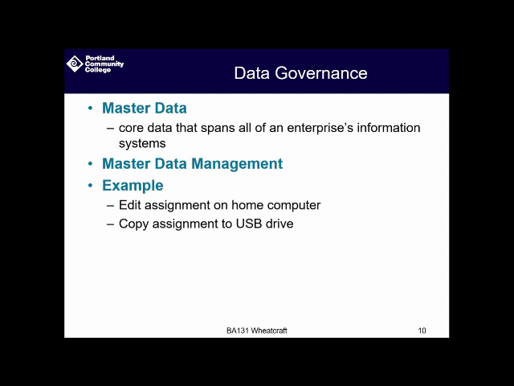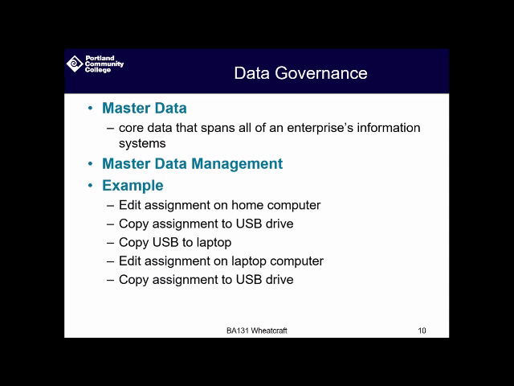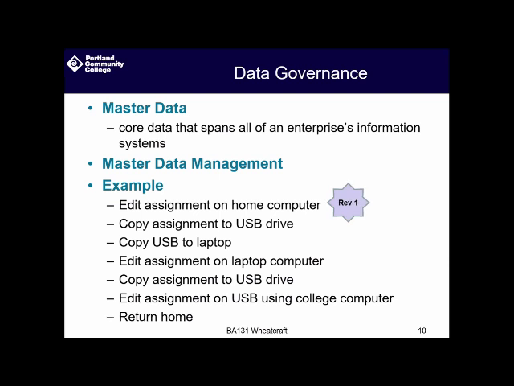You're going to go to school, so you copy the assignment to your USB drive, take your USB drive, copy it onto the laptop, then you do some further edits on the laptop, then you copy it back down to your USB drive, and then finally you edit it again on the USB using the college computer. Now the problem is we've created multiple versions of this same document. Started with the first rev, then we ended up with a second rev, and then finally a third rev.